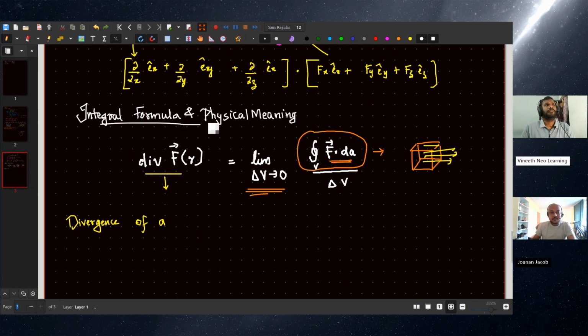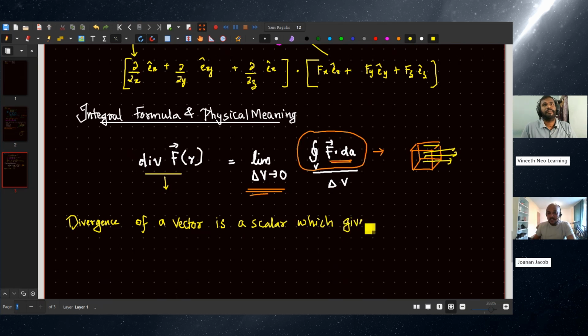So divergence of a scalar, no, we cannot take divergence of a scalar. It's actually divergence of a vector that is a scalar, which gives the flux through an infinitesimal volume.